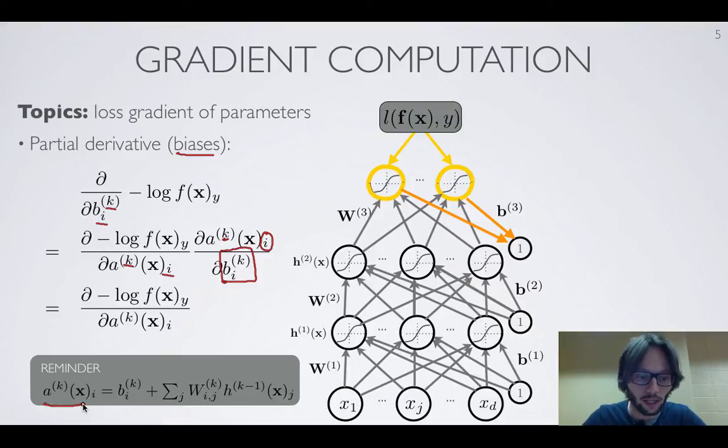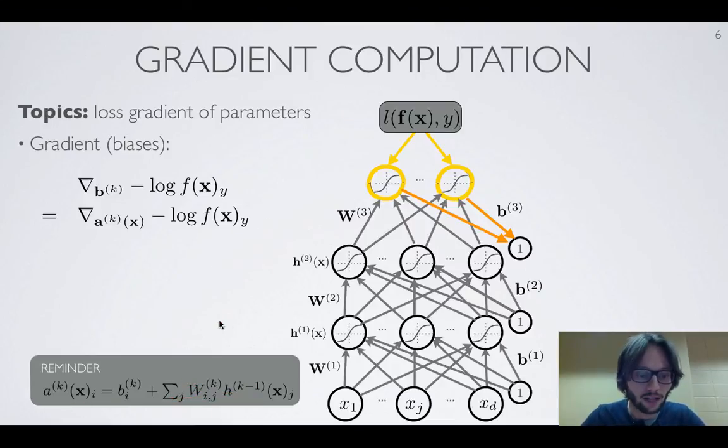Looking at this formula, we see that this term does not depend on the bias, but this term depends on it, and it's actually just that variable. So if we take the partial derivative with respect to that, it's going to be 1. So this term multiplied by that just essentially cancels out because it's equal to 1. So we only get the value of the partial derivative of the pre-activation for the ith hidden unit.